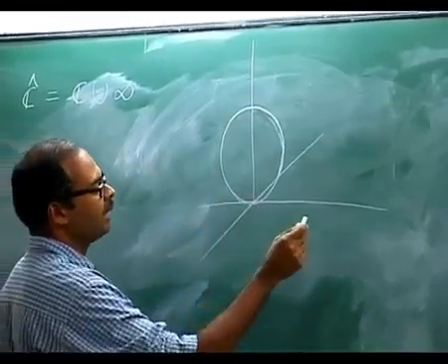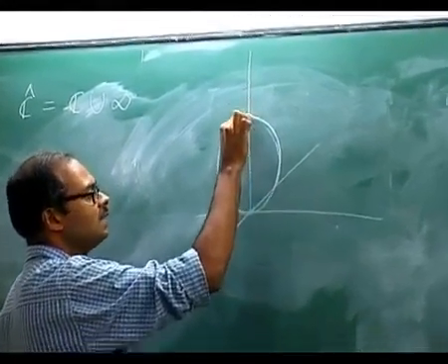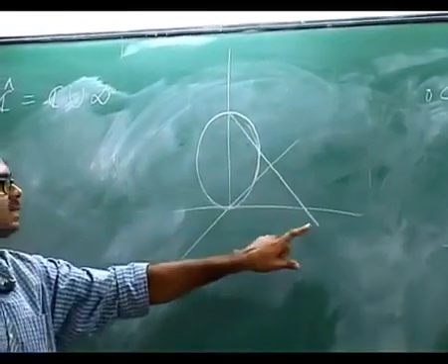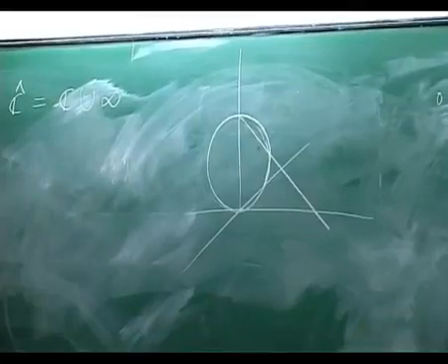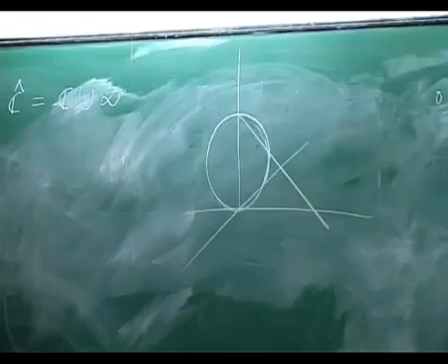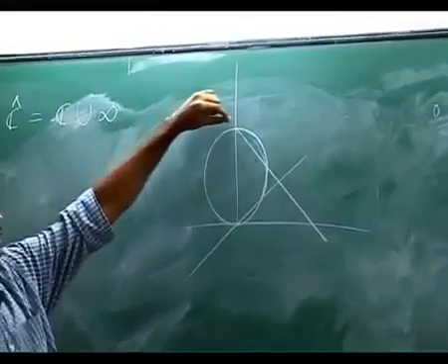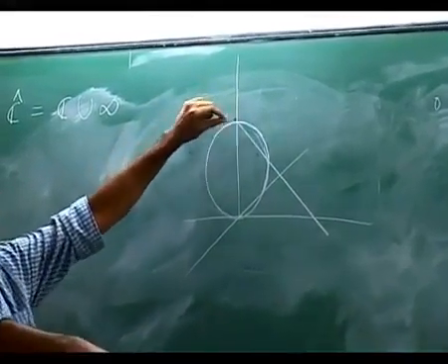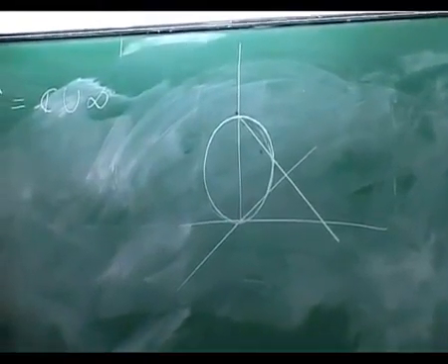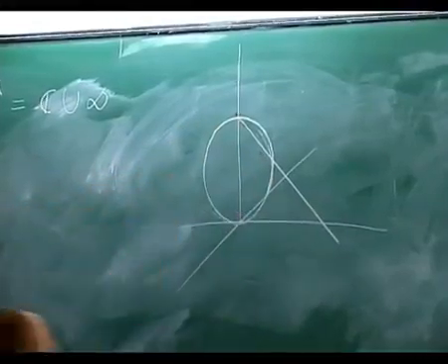For every point on the complex plane, you take a straight line joining that point and the north pole of the sphere. It will cut your sphere at a point, and that's the image.